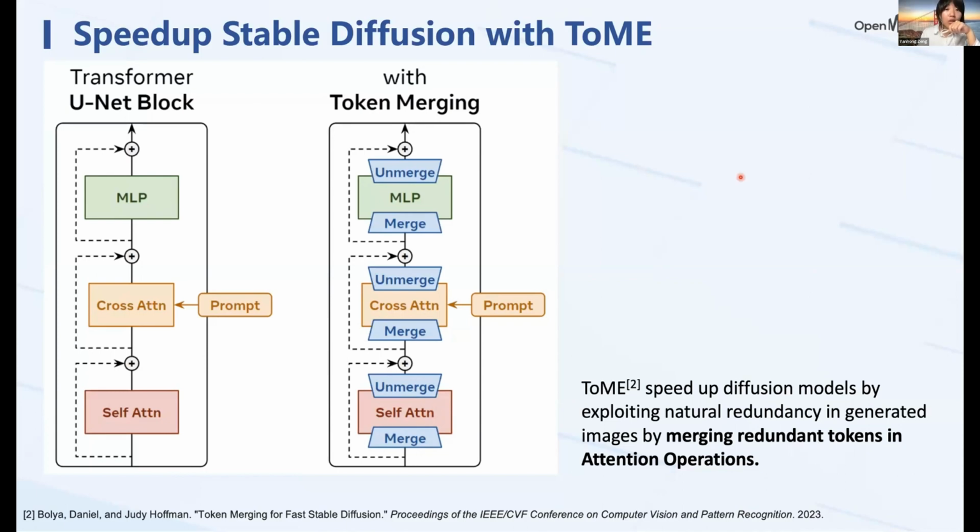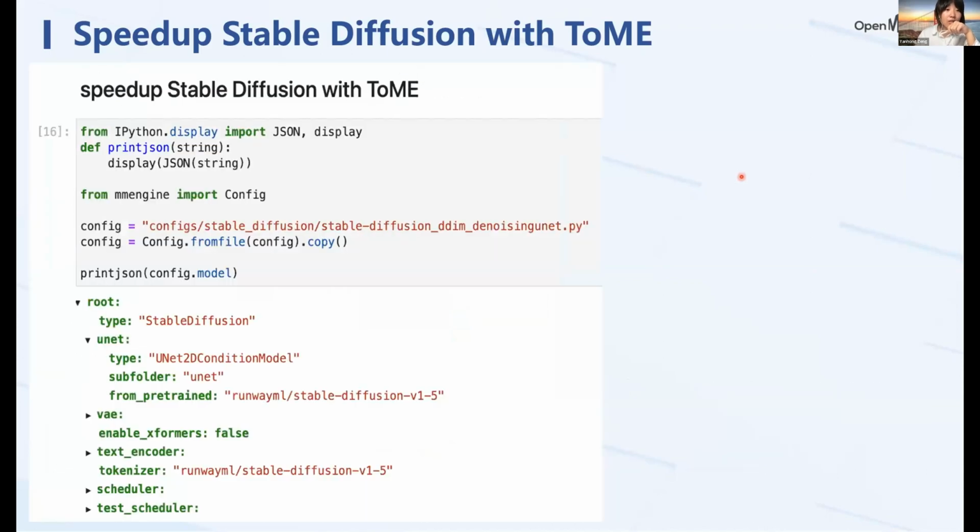To use ToMe in MMagic is very easy. Here we can still start from the classical Stable Diffusion configuration. We load the Stable Diffusion configuration file, and we print the content, and we can find some classical settings, including UNet, VAE, tokenizer, right?